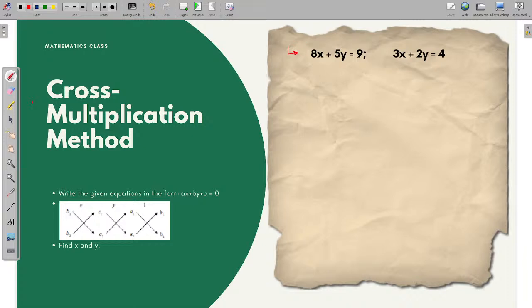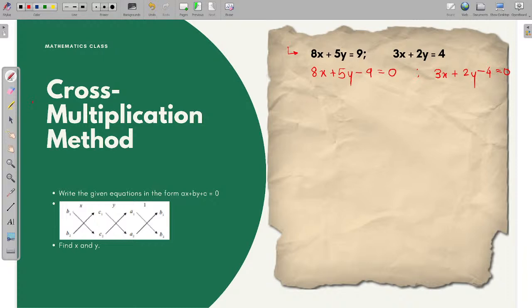We'll directly start with the numerical. First thing is you have to convert these equations into the form ax plus by plus c equals 0. That means 8x plus 5y minus 9 is equal to 0, and the other equation also as 3x plus 2y minus 4 is equal to 0. Got it?